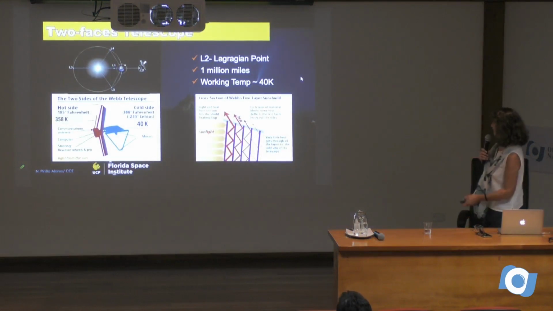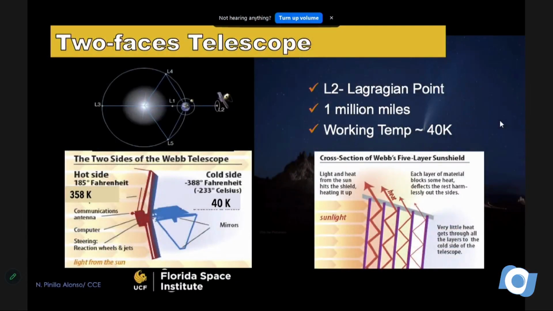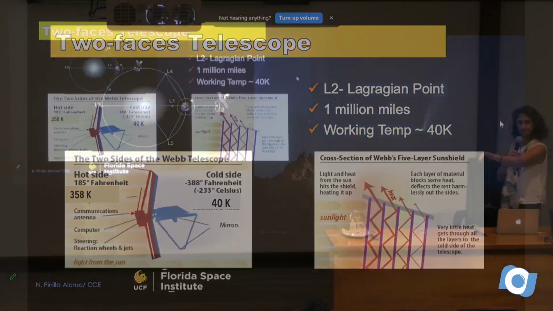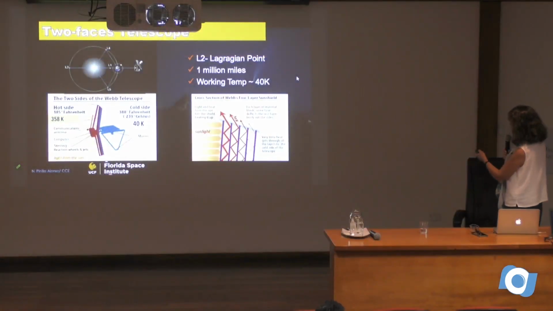This is another characteristic of Webb, and is that it doesn't need a cryogenic system to keep it cold. It's doing it with a protection. These panels here, that is like a thin aluminum sheet. Actually, it's 1, 2, 3, 4, 5.